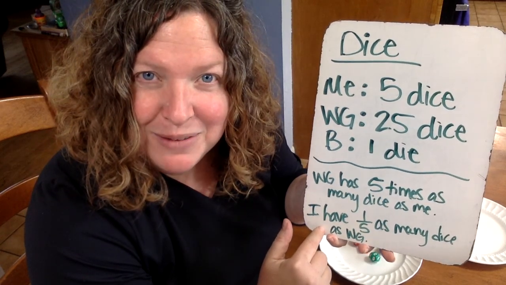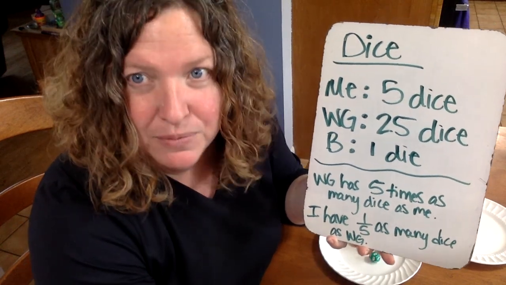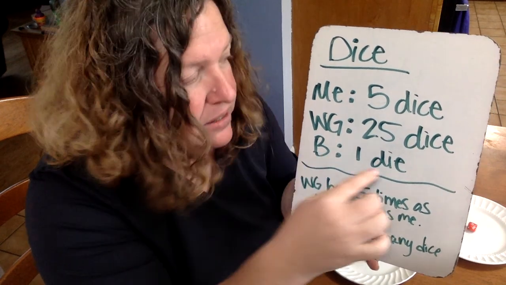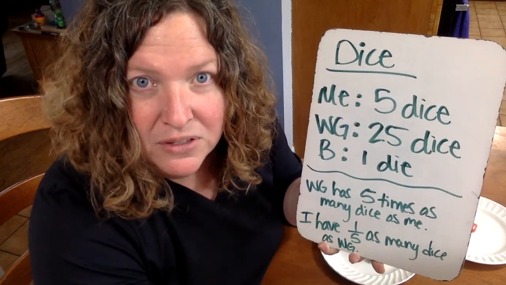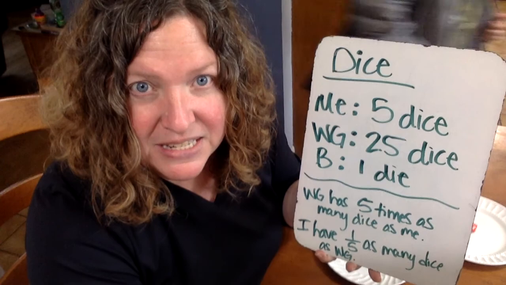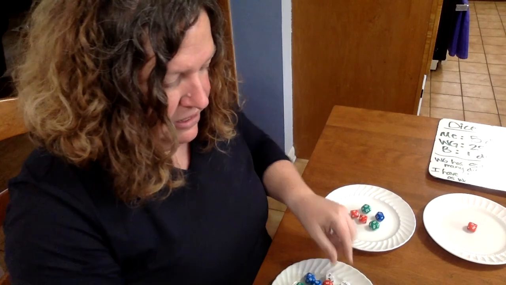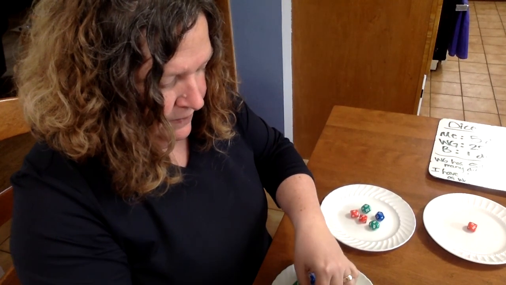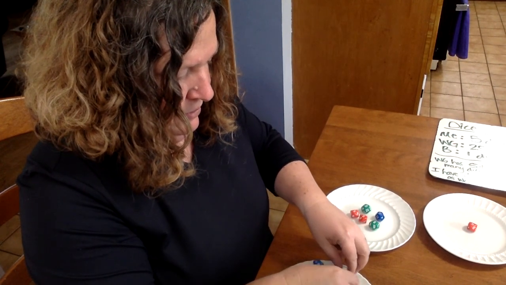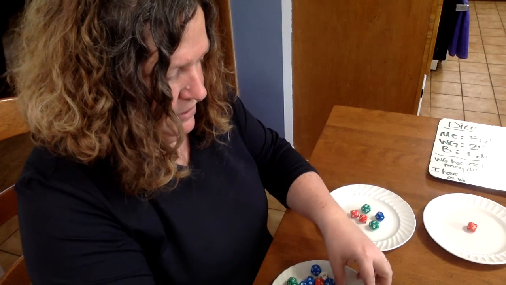Now this is the backwards way of thinking of it. I have 1/5 as many dice as William Grayson does, because 5 is 1 out of 5 chunks that make 25. I have 1/5 of the dice he has, because if we took his dice and we cut them into 5 sections, it's a little hard because they want to roll around.